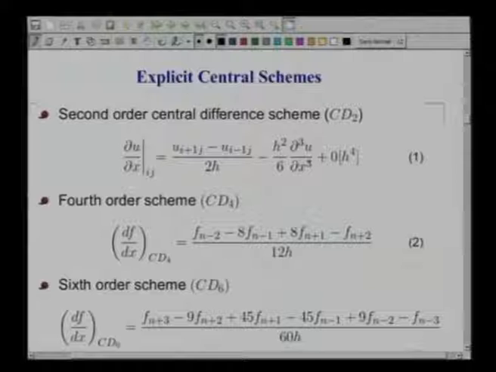In the same way, we can also obtain a fourth order scheme that would involve more points. The essential point you notice is that migrating from a second order scheme to a fourth order scheme, your stencil size becomes bigger.